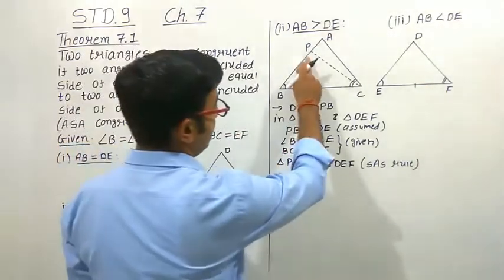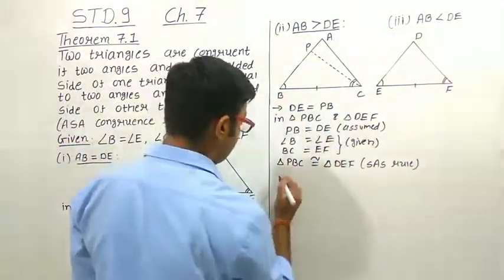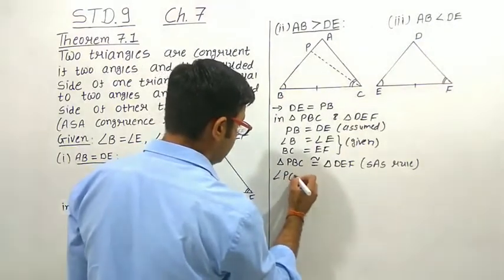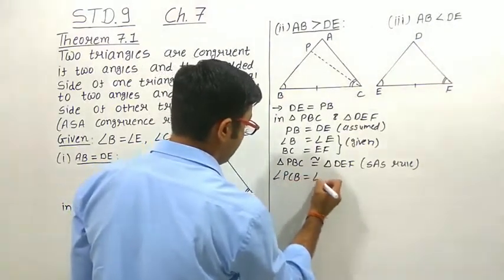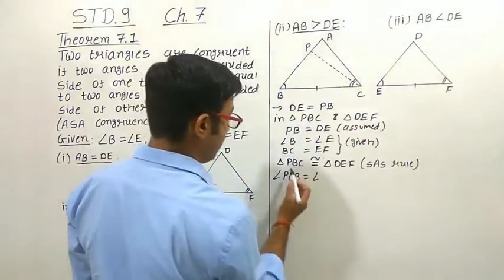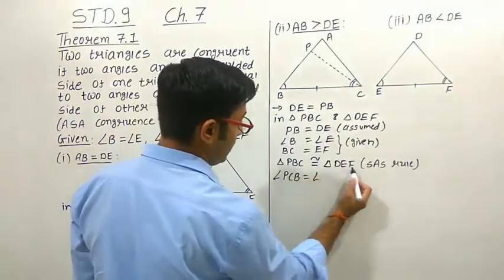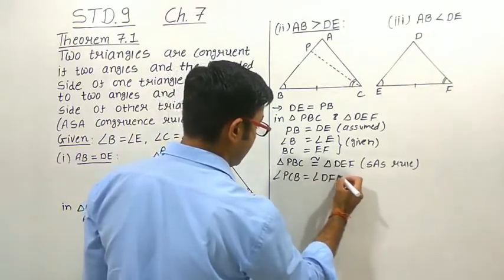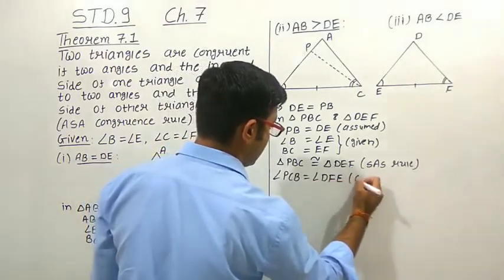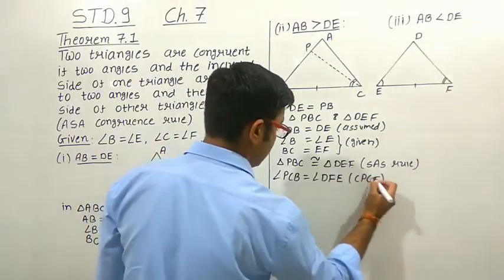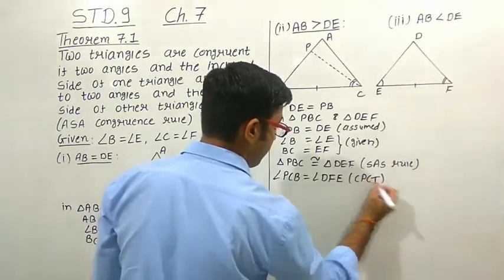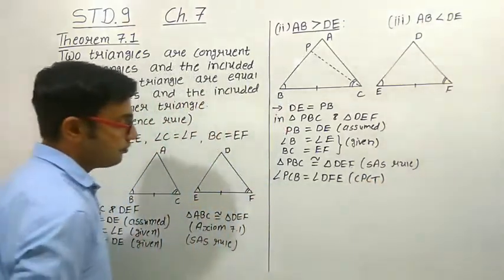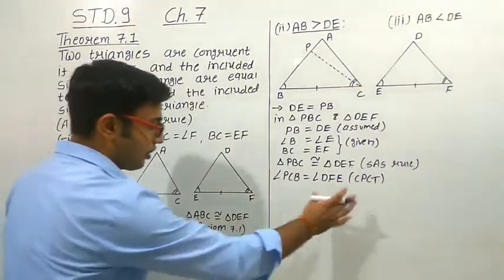So we can write down that angle PCB will become equal to angle DFE. This we can write down using CPCT, corresponding parts of congruent triangles.